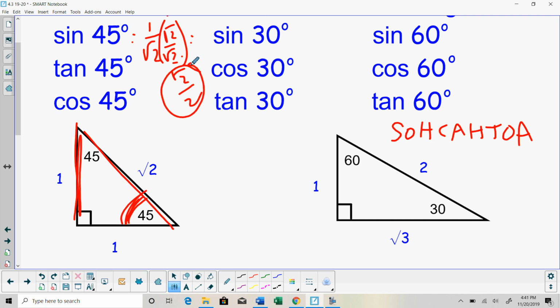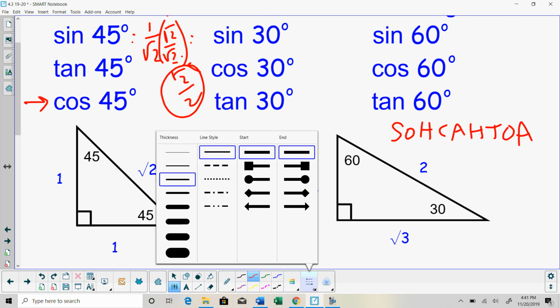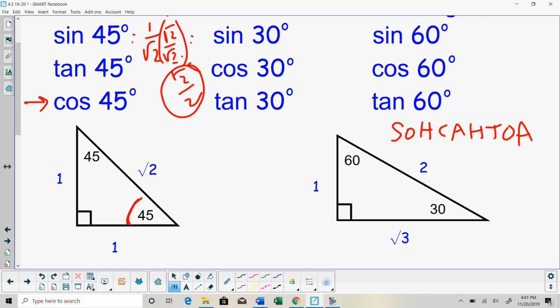Likewise, if I was going to find the cosine of 45, I want the adjacent over the hypotenuse. That's still going to be 1 over square root of 2, and it's still going to give me this answer, just like we got for sine.